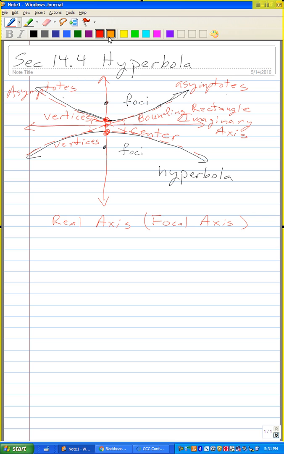So if I take any point on the hyperbola and look at the distance to each of the foci, then look at the difference of these distances, and take any other point on the hyperbola, maybe over here, and look at the difference of these distances, then these differences will be the same.